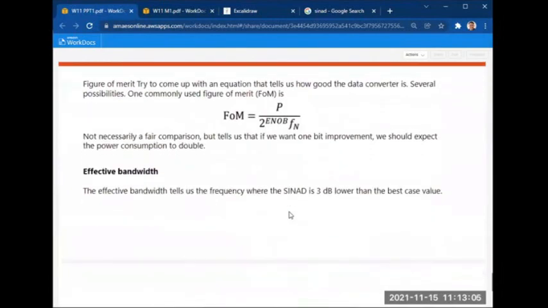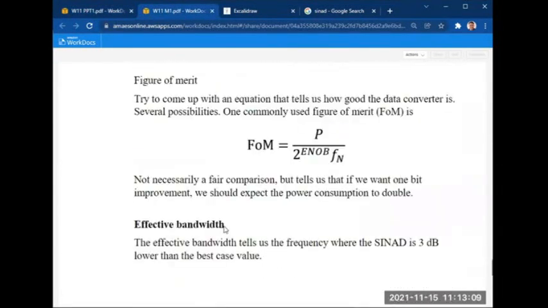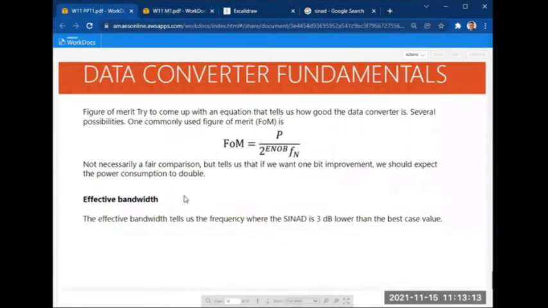Next we have the figure of merit. Okay, so none. Figure of merit. We try to come up with an equation that tells us how good the data converter is. Several equations have been made, but the most commonly used is the figure of merit, or FOM.